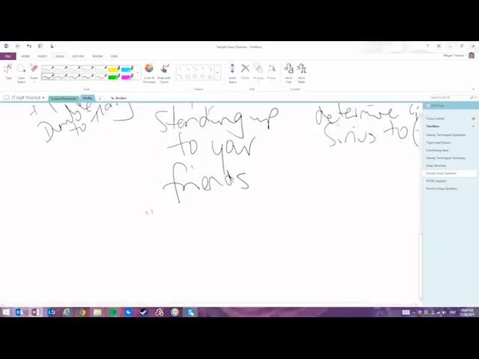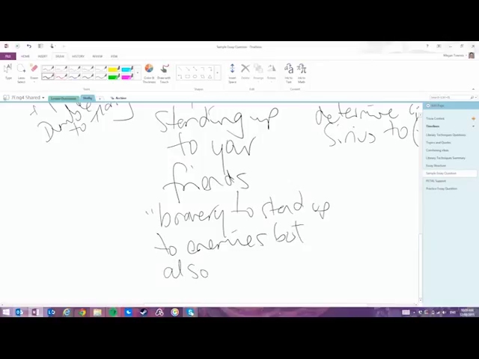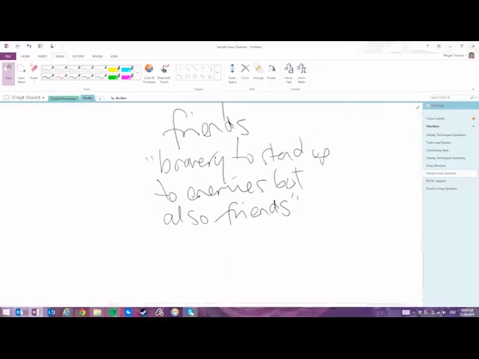So, bravery to stand up to enemies, but also friends. Just a summary of that particular quote. And that is Dumbledore actually saying it to the school about Neville.